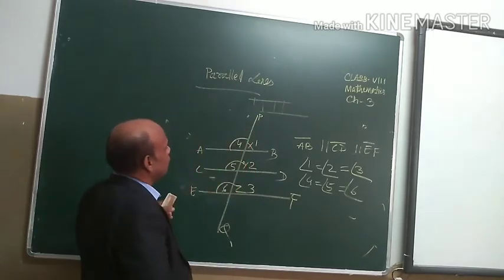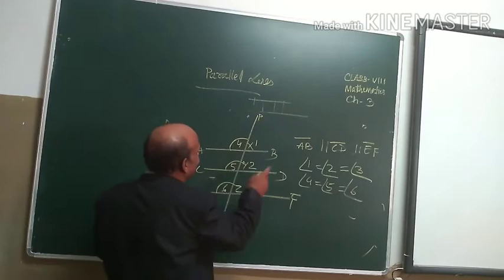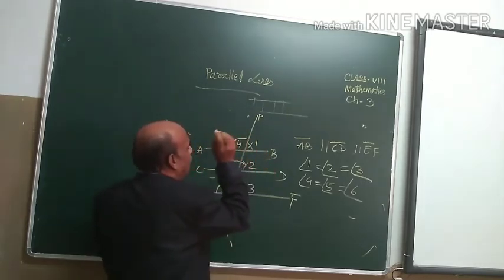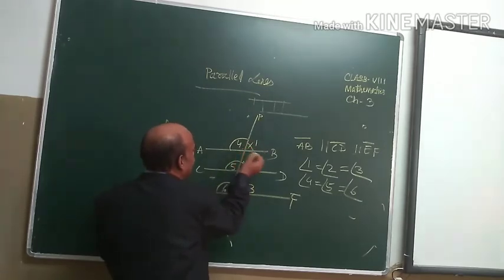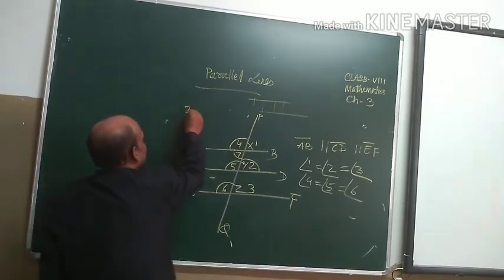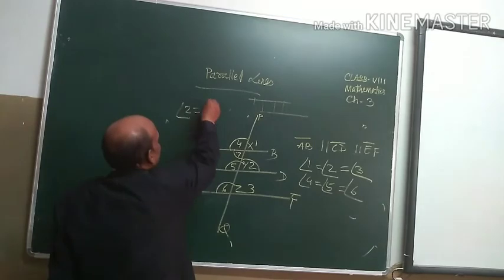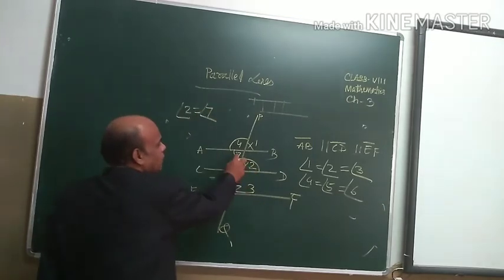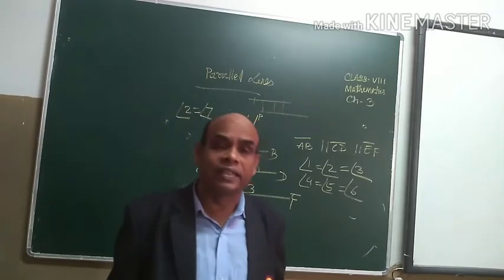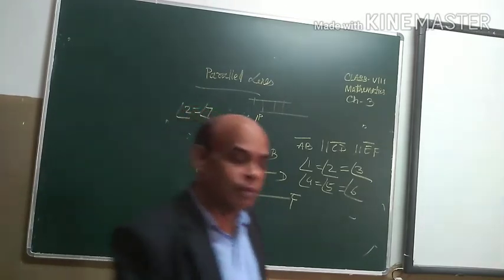In a similar way, you can say angle 2 and, suppose here I am giving, angle 7. So 2 and 7 both will be equal. Why? 2 and 7 will be equal because they are alternate angles. That you have to remember.